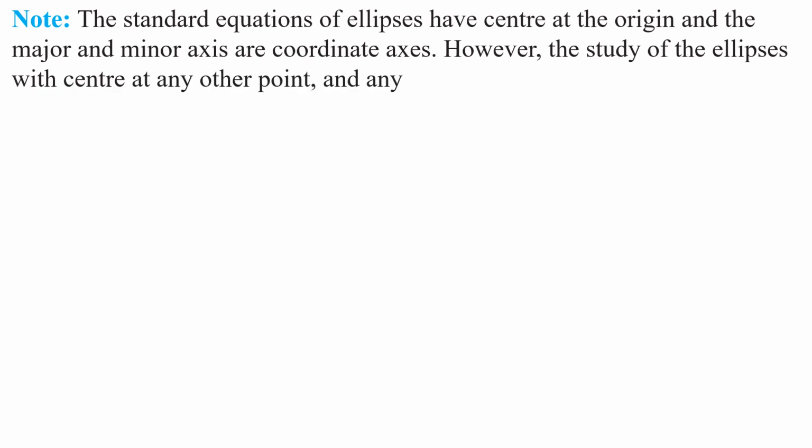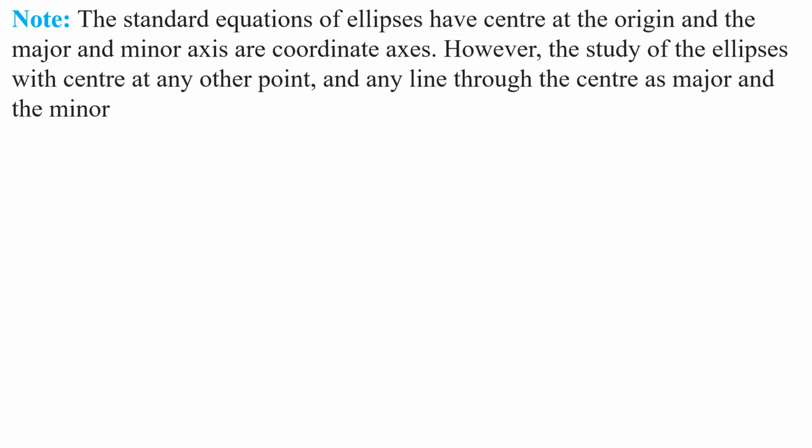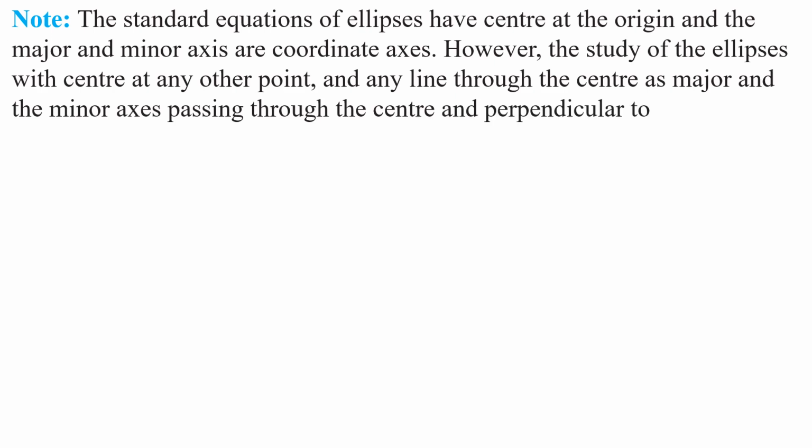However, the study of ellipses with the center at any other point, and any line through the center as the major axis and the minor axis passing through the center perpendicular to the major axis, is beyond the scope here. In this exercise, we focus on the equations in the standard form of an ellipse.